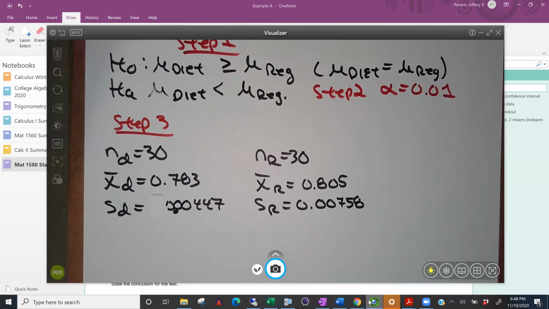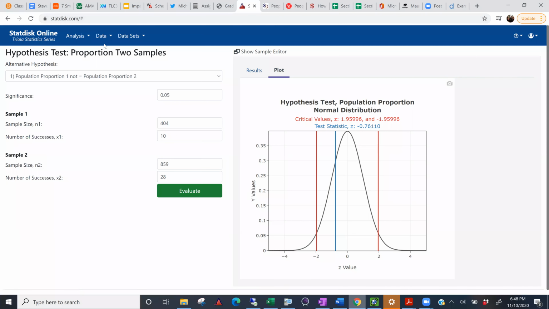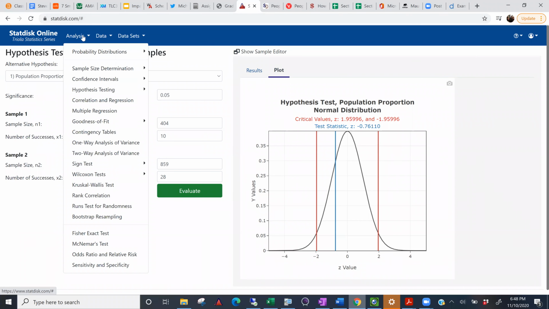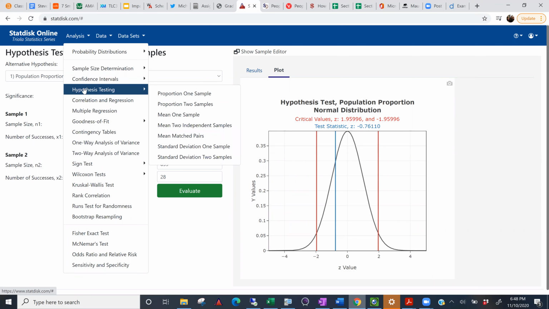So let's let the software do some work for us. And actually, it's going to do a little bit more work than you might realize. Hopefully, you're getting familiar with where to go. It's analysis, hypothesis testing. What choice are we going to make this time?